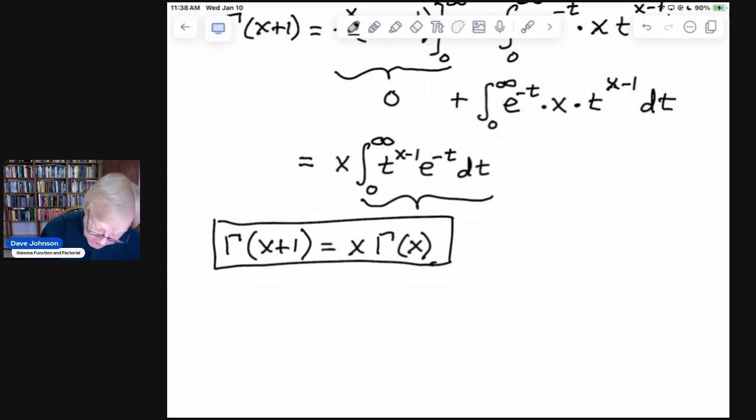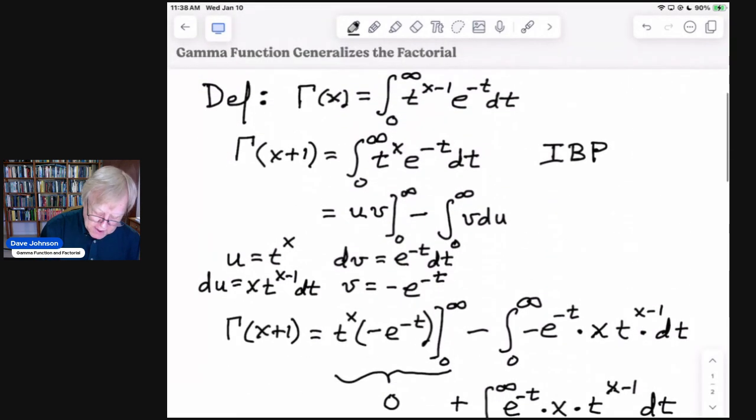And so if we let x be an integer, and let's call it n, now can we do that legally? Well, sure, because x is just some real number.